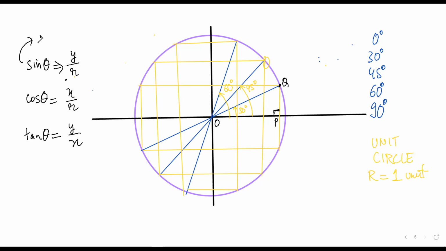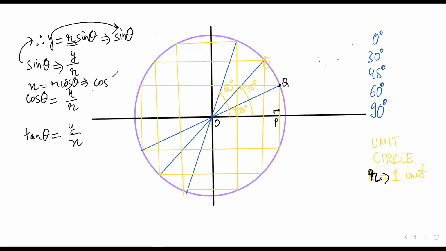Therefore, my y would be r sine theta. Have you understood the logic? And because this is a unit circle, my r is 1. Therefore, my y would be sine theta. Similarly, x is equal to r cos theta. r is 1, therefore x is equal to cos theta. Any doubt?